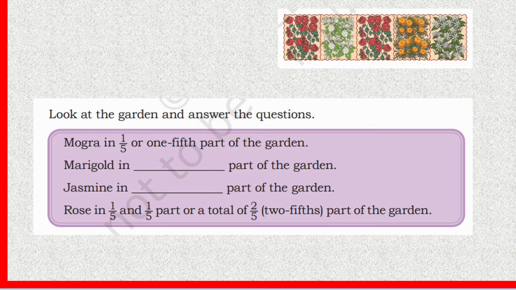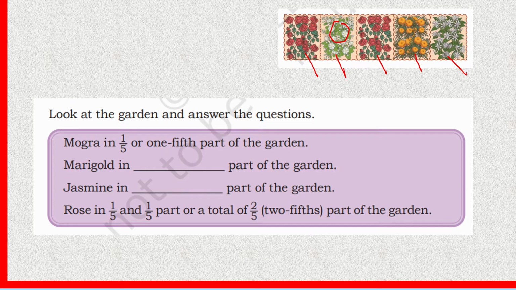Look at the garden and answer the questions. Mogra is in 1 by 5 or 1/5 part of the garden. See this figure. Here the garden is divided into how many equal parts? 5 equal parts. See 1, 2, 3, 4, 5. Mogra, see this is mogra.